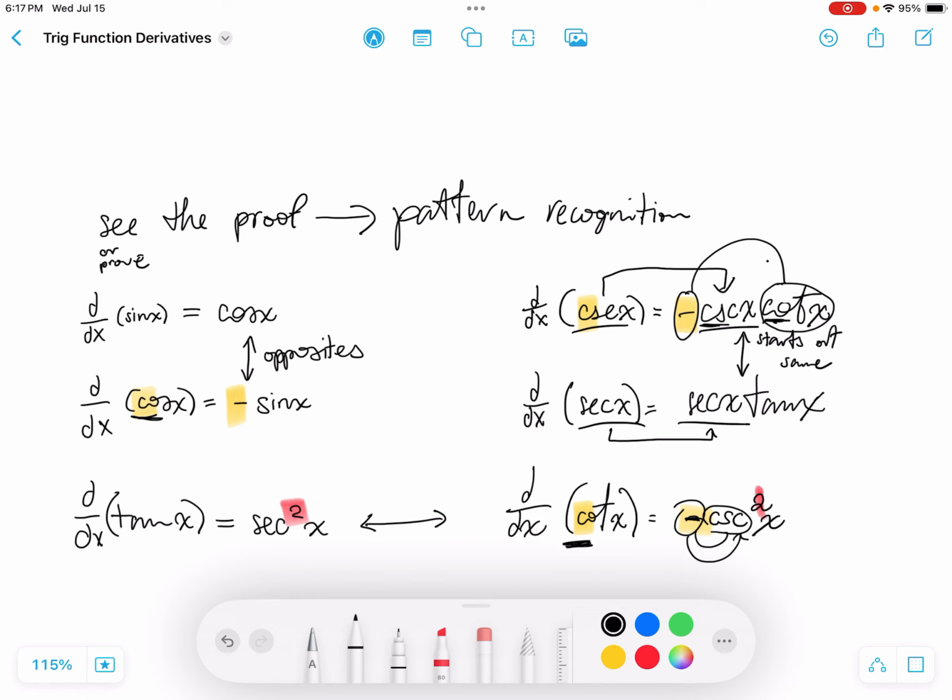It's a bit more structural, but it'll also help cement these. It'll give you some memory cues to go off of. You'll see sine and you'll think, oh yeah, it's going to be opposite, so cosine. Or, oh, tangent, it's going to be squared, and it's positive, so secant squared, right?